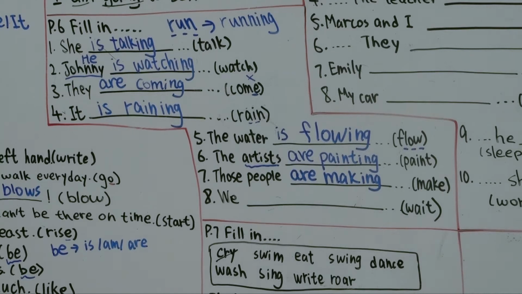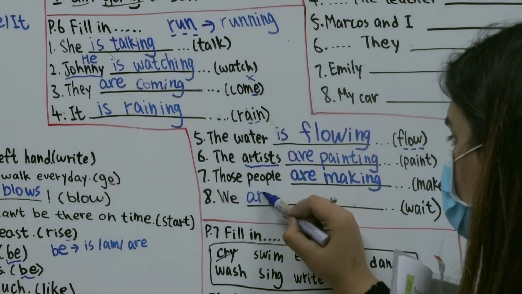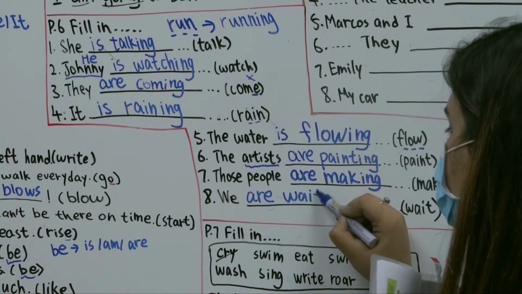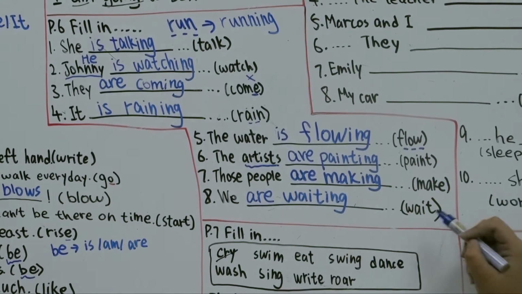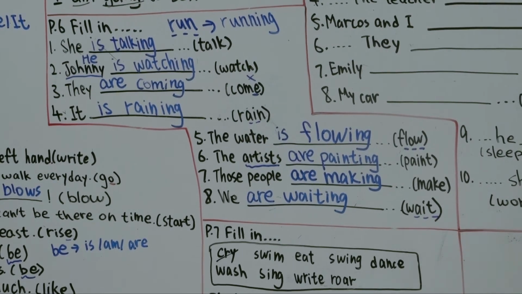Number 8. We space for Uncle Lee at the bus stop now. We are waiting. Do we have to double T here? No. 2 vowels. We don't have to double, okay? 2 vowels, no need. Long vowel sound. Okay?